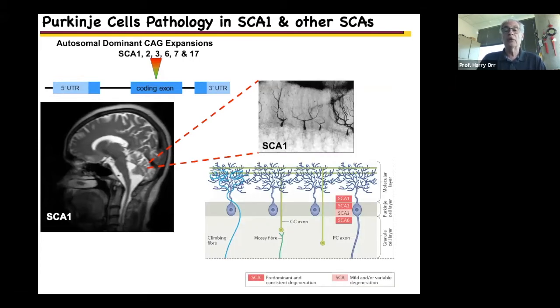Back to an earlier point I raised, the importance of Purkinje cell pathology in the SCAs: SCA1, 2 and SCA6 show very prominent and consistent degeneration of Purkinje cells, whereas in SCA3, perhaps the most prevalent SCA disorder, the Purkinje cell atrophy is much milder and more variable.